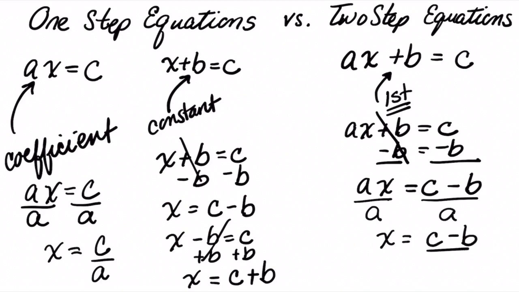This looks really complicated, but what I want you to focus on are these steps that we know how to do. We know how to deal with that constant first by creating a zero pair. And then we know how to deal with the coefficient next using division.